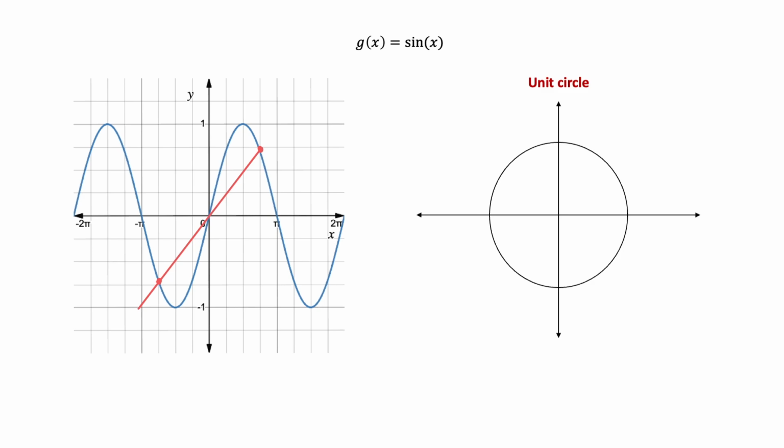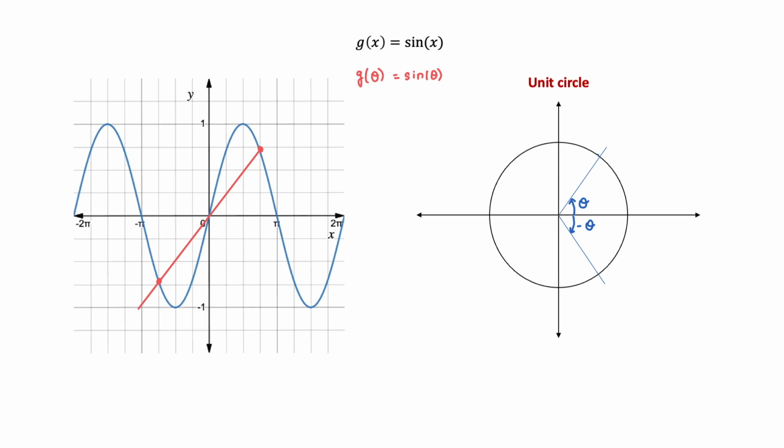Now we can also do the same thing with the unit circle. We are going to switch from variable x to theta for the sake of simplicity with working on the unit circle. So we're going to consider g of theta equals sine theta. And now over here, we're going to have a positive theta, and here we're going to have a negative theta. So then, as always, look at the terminal side of theta and the terminal side of negative theta.